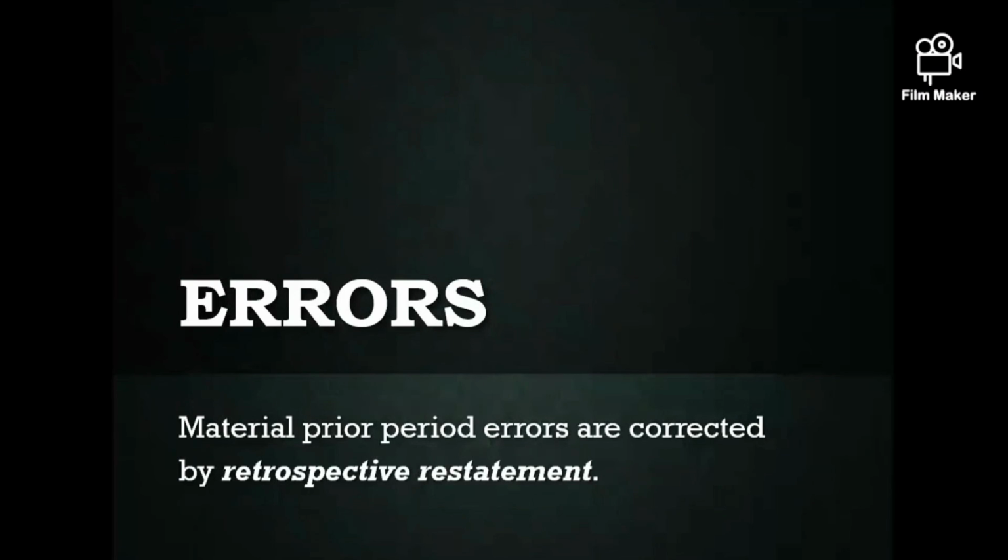Next is error. Material prior period errors are corrected by retrospective restatement. Yung material na pinag-uusapan natin dito, dapat mag-qualify siya dun sa materiality level ng presentation ng management. Dapat ang management meron po siyang materiality presentation.